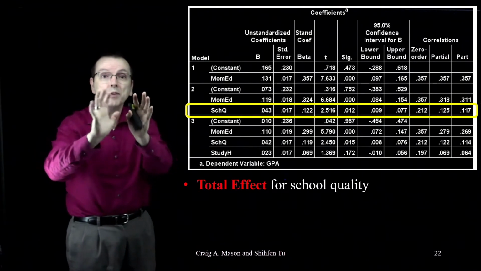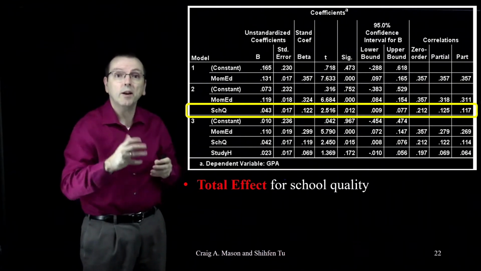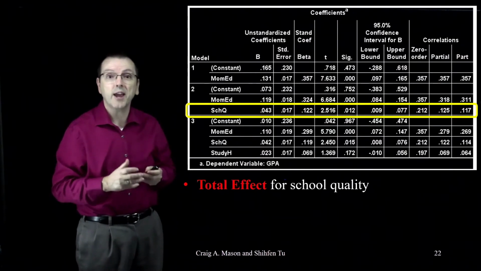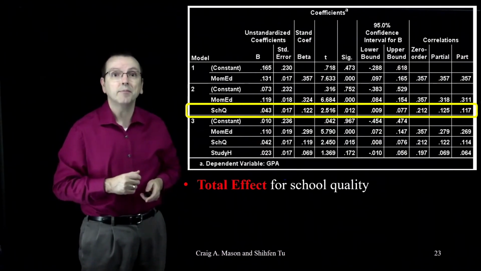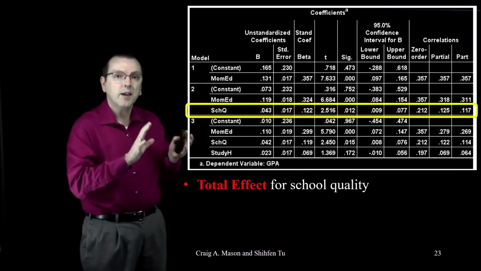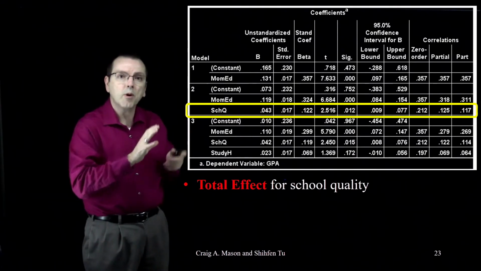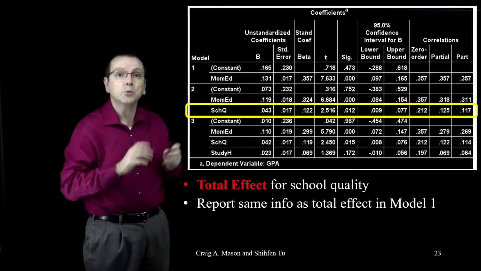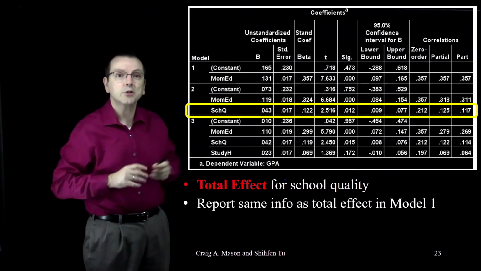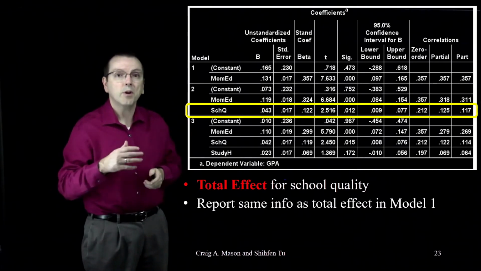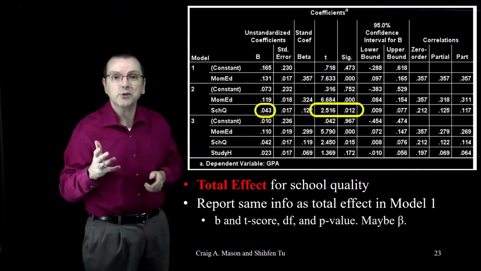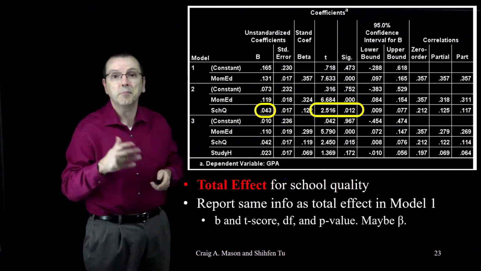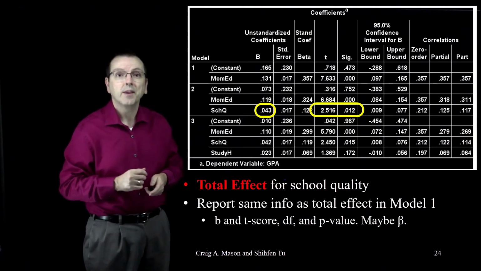We're removing that part of the school quality effect that was related to or driven by mother's education based on our model. So here you'd now want to report the same information for the total effect of school quality in model 2. Report the unstandardized regression coefficient along with the t-score, the degrees of freedom, the p-value, right?